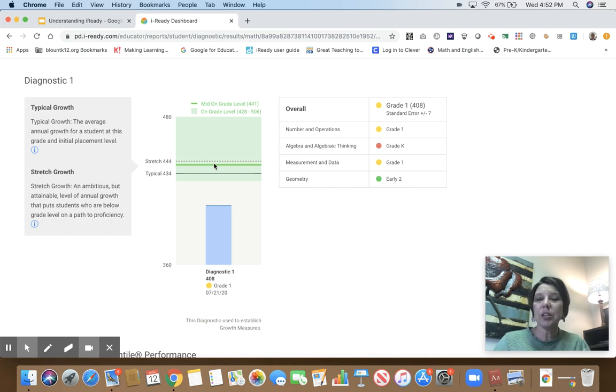And that is, of course, where we want our kids to be after they take the iReady test. That is just a correlation that we have found in Blount County, and that now has been added here.